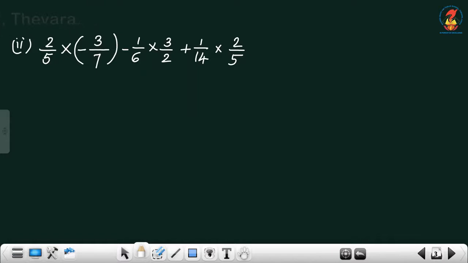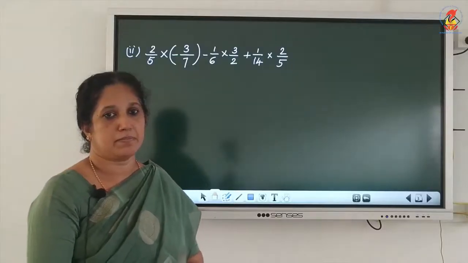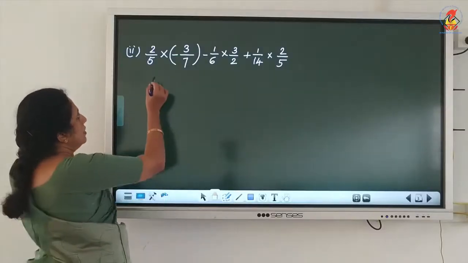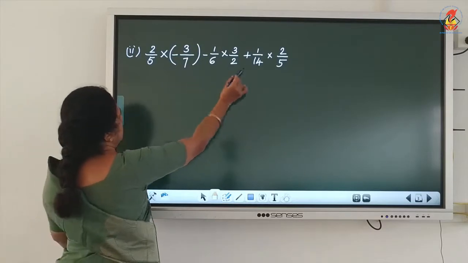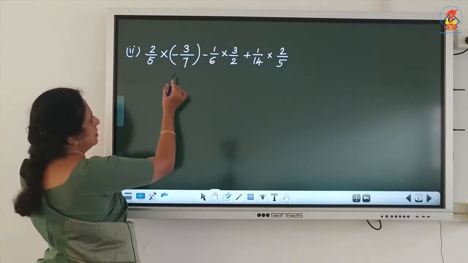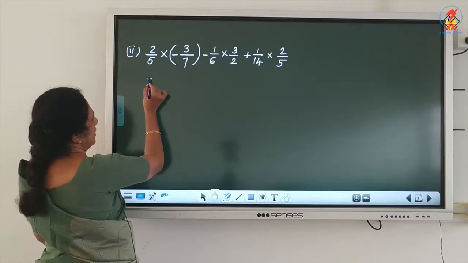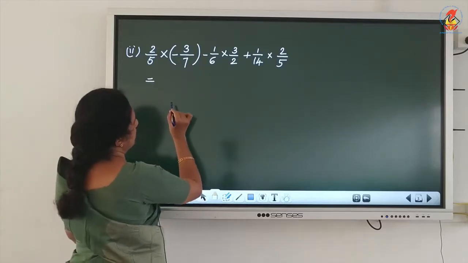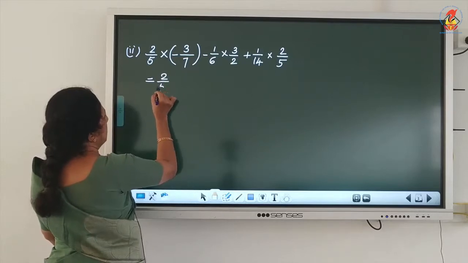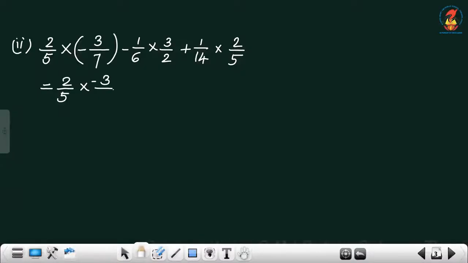Then, using appropriate properties, we have to simplify this expression also. Then, here also we can write like this, 2 by 5 into negative 3 by 7, this one we can write like this, negative 1 by 6 into 3 by 2 plus 1 by 14 into 2 by 5.